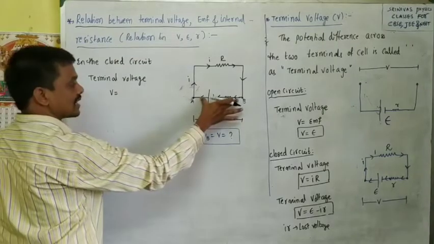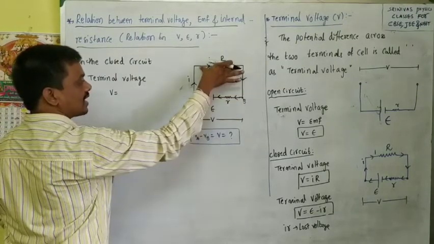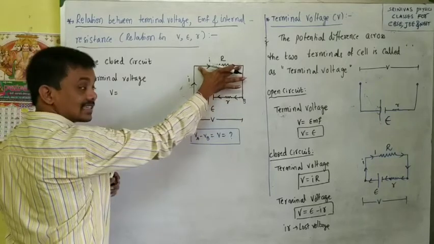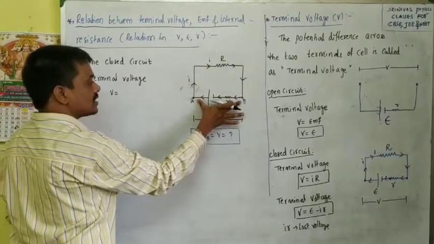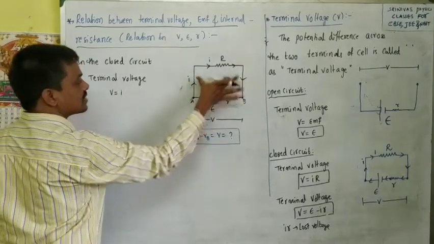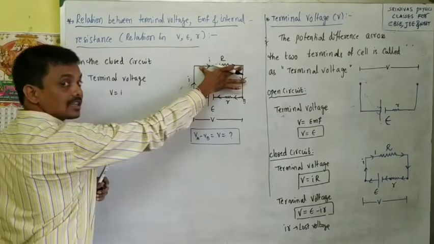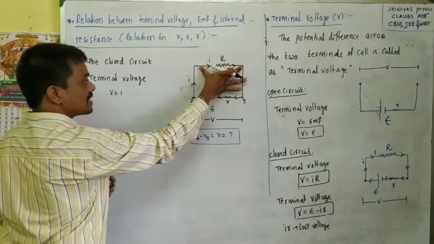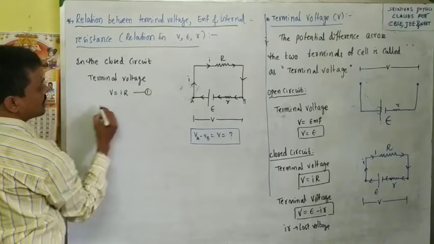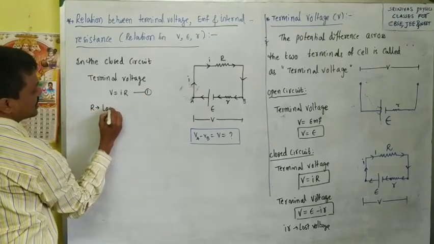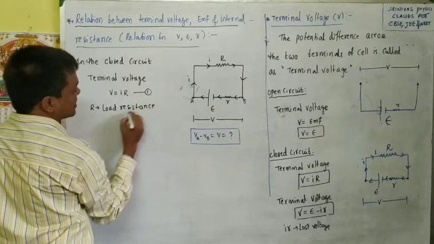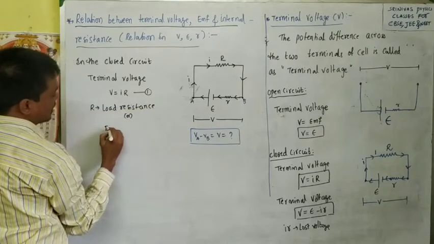The potential difference across the cell and across the resistance is the same, because in a parallel combination the potential difference across the cell equals that across the resistance. That's why we write V is equal to IR. Capital R is the load resistance, also called the external resistance.